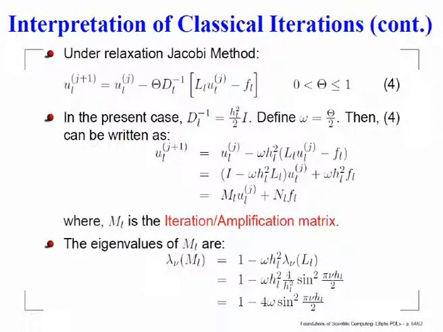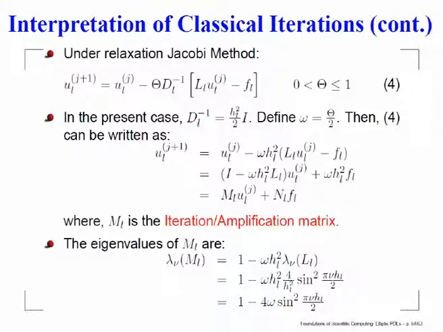For the problem that we have chosen, D inverse is nothing but h_L square by 2 into the I matrix, because the diagonal entry is minus 2. If I take D inverse, that will be minus 2 by h_L square, so I get D inverse as h_L square by 2 into the identity matrix. This has a half factor, so theta by 2 I define as omega.